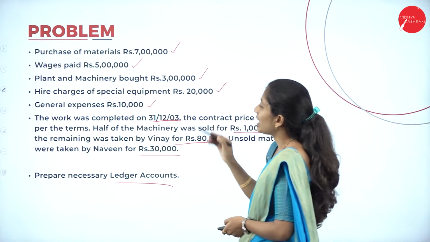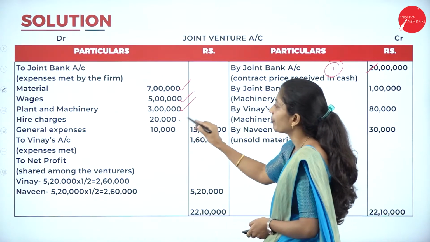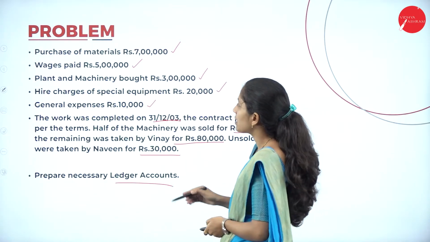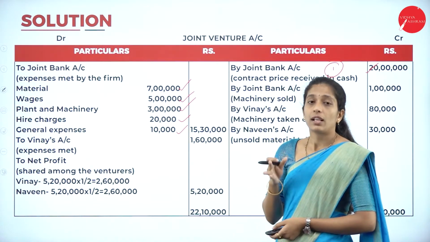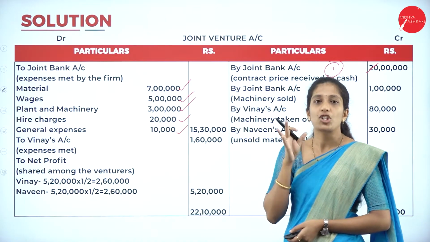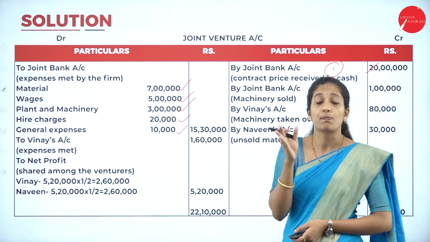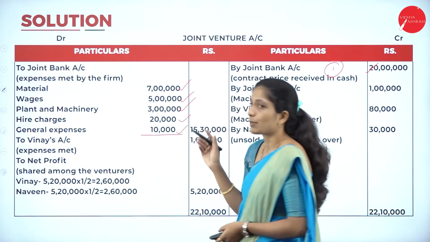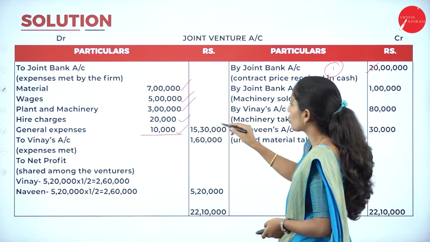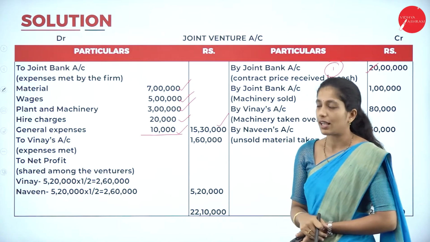Next, they have given hire charges 20,000. Next, general expenses, how much? That is 10,000. Here they have not mentioned that any of the expenses is met by a particular venturer. So it means all the expenses are met by the firm. So the total will be 15,30,000.